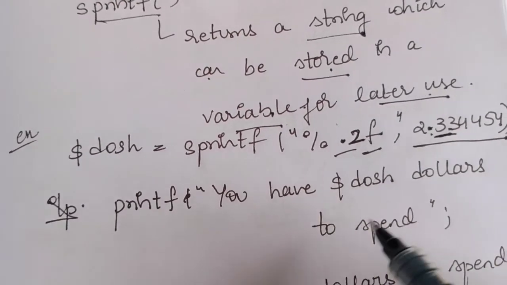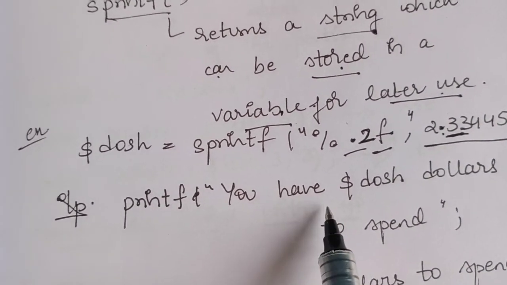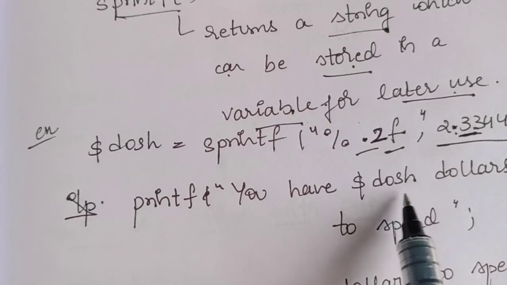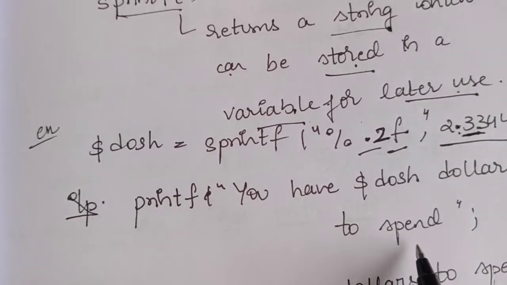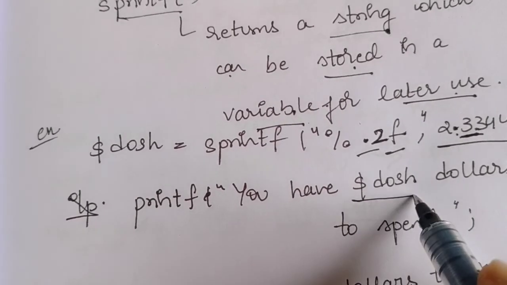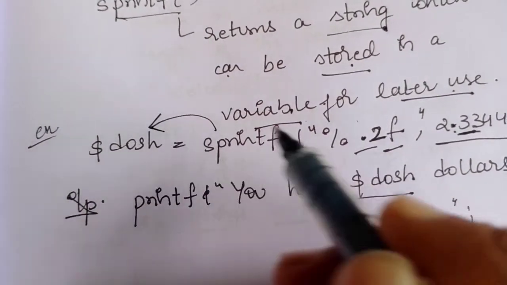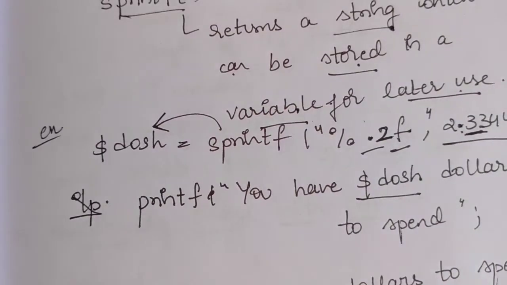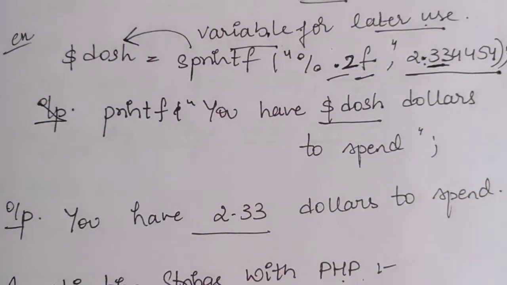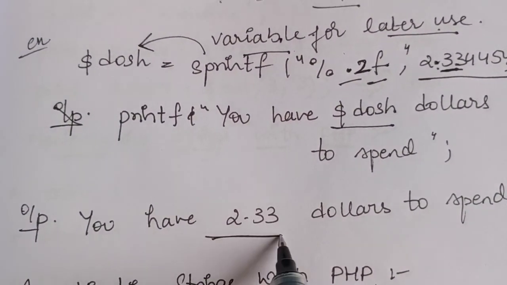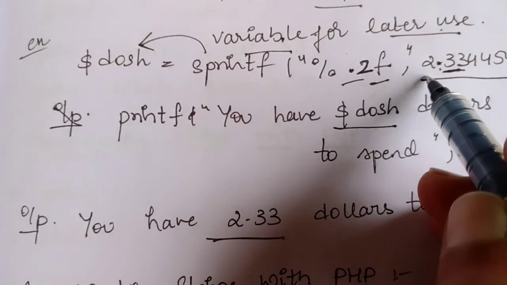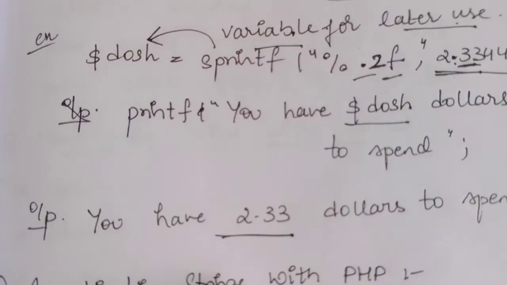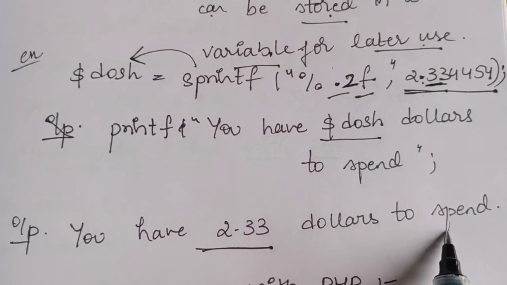And the output statement is you have dollars to spend. That means in this variable, what value will be stored? The data will be stored as you have $2.33 to spend. Here we are taking only 2 points after the decimal.